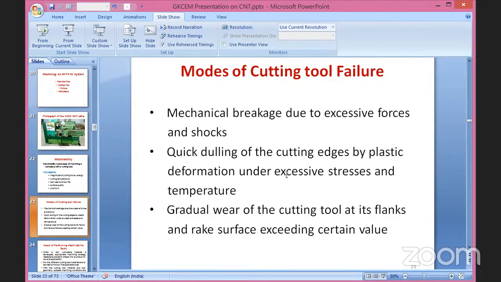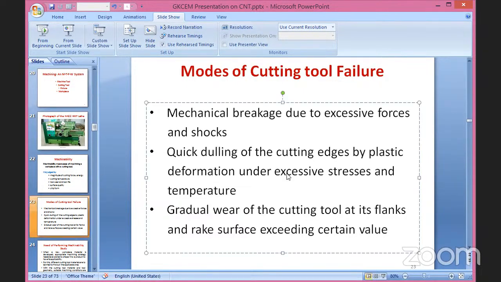Okay. So in that case, what is happening? The HSS is getting too much softened at that elevated temperature, which is caused by the use of high cutting velocity. And as the HSS material gets lesser and lesser hardness, it becomes plastically deformed at its edge, because this edge can become red hot, and ultimately it can be plastically deformed, so the sharp cutting edges are then lost.